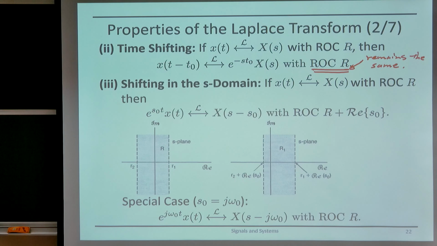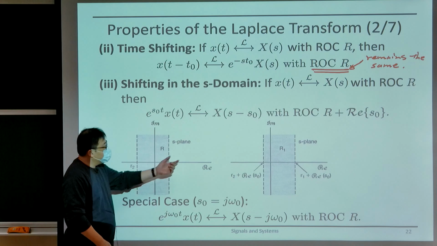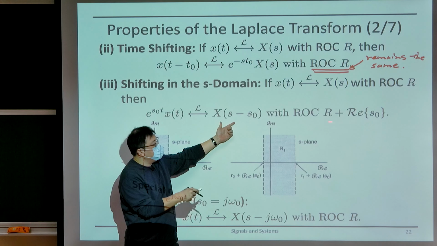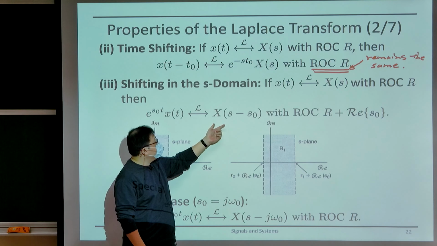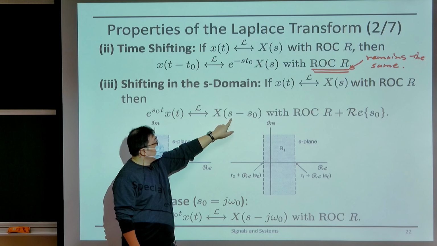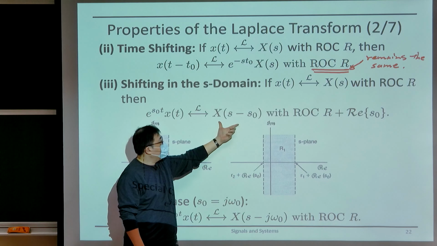So again, to show why the region of convergence should be this, notice that for this Laplace transform to hold, you need to be looking at a value of S such that this transform exists.